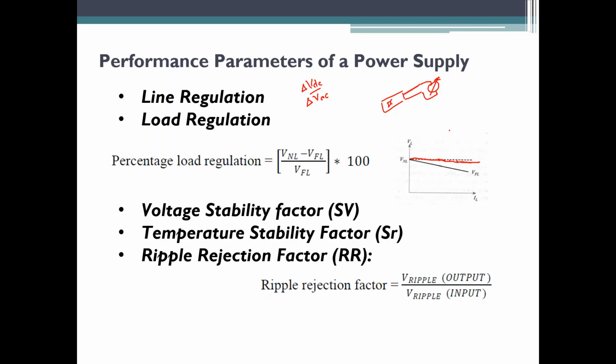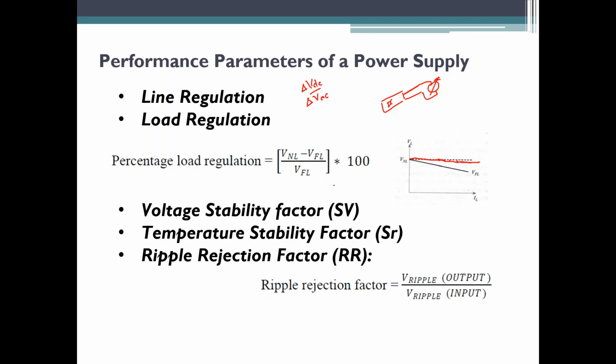The next one is called voltage stability factor. This is one more factor which shows the dependency of the output voltage on the input line voltage. It tells by how much your output voltage depends on the input line voltage.